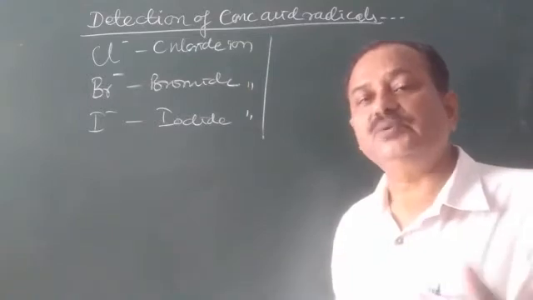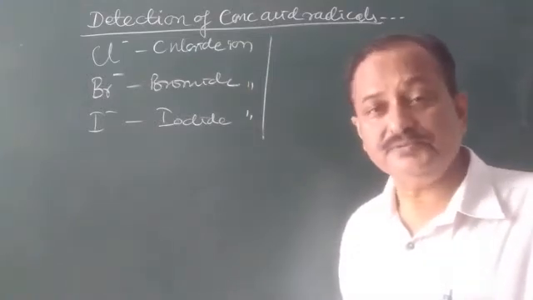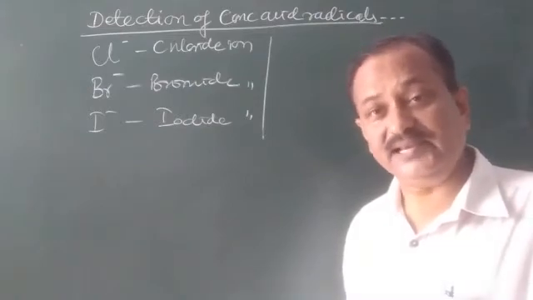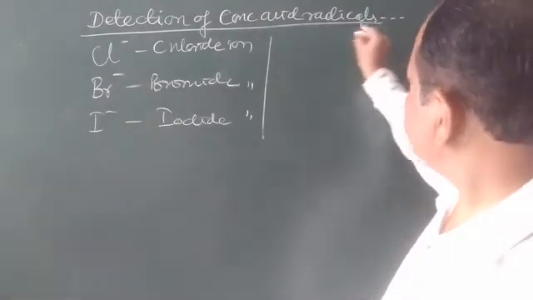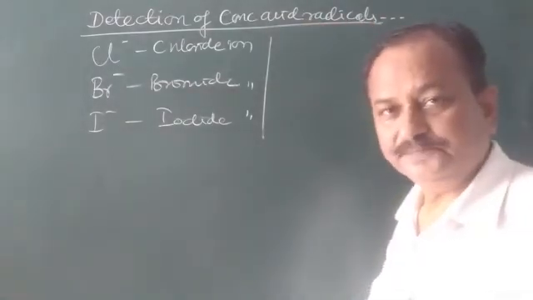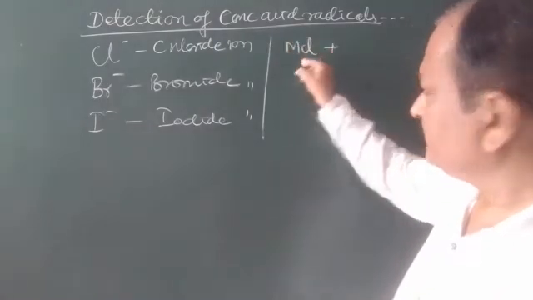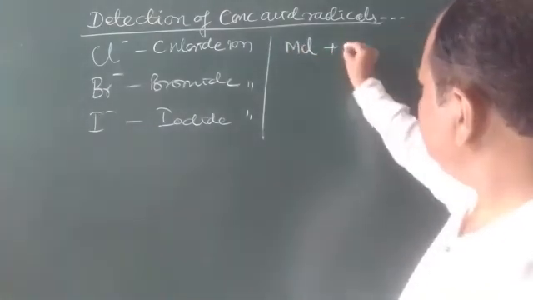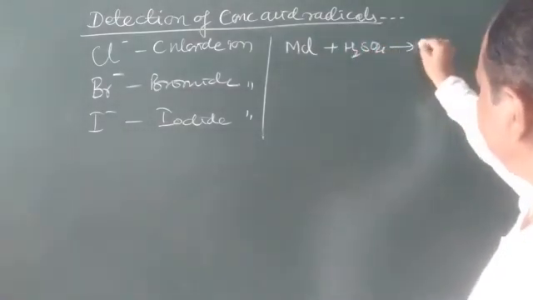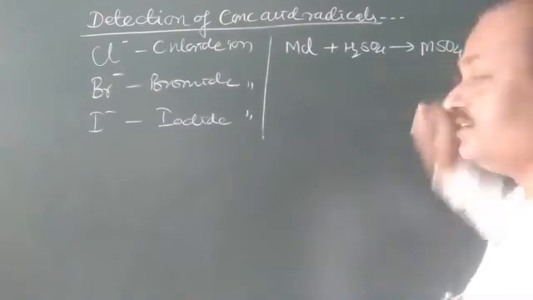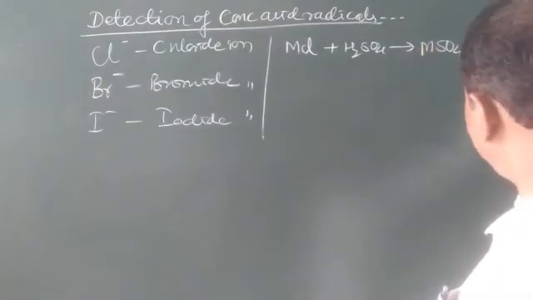Like carbonates, sulfides, nitrites, they can be decomposed by dilute sulfuric acid, but these cannot be decomposed. So we have to take the concentrated sulfuric acid. Now when we take any chloride, let's take the case of any metal chloride, in presence of concentrated sulfuric acid there is formation of metal sulfate plus HCl gas.